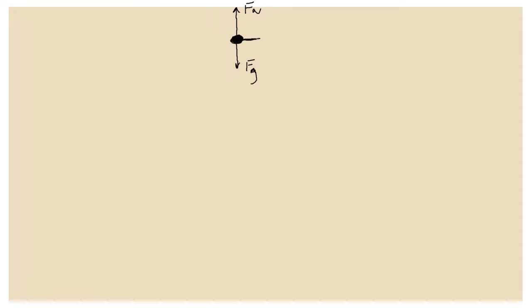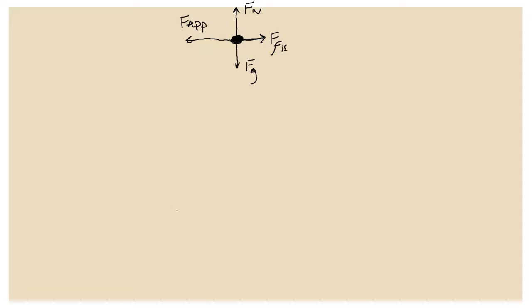And notice here, because the coefficient is less than 1, if you saw it in that chart, we have a small number times the normal force, so the friction force is going to be smaller than the normal force. And then we have an applied force. Let's just say the object is being pulled to the left.